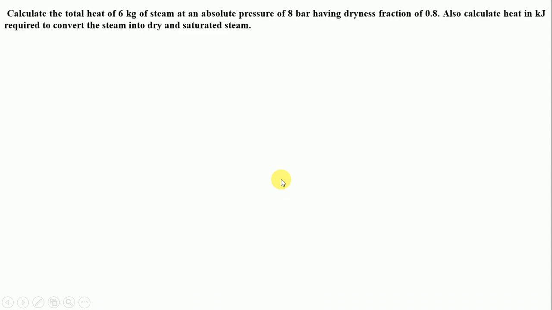We'll see one numerical, and then we will stop here. Calculate the total heat of 6 kg of steam at an absolute pressure of 8 bar, where the dryness fraction of the steam is given. It means the steam is wet steam.